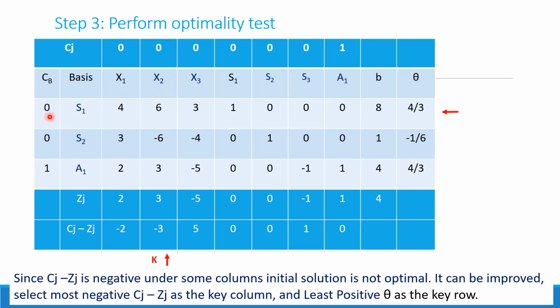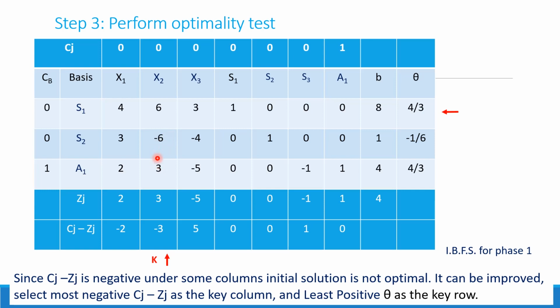So the coefficient of X2 will also be put here in your next table. This is the initial basic feasible solution of phase 1. Now iterating towards optimality, we have selected the key column, we have selected the key row, we have found the key element. Now this key element is to be made 1.